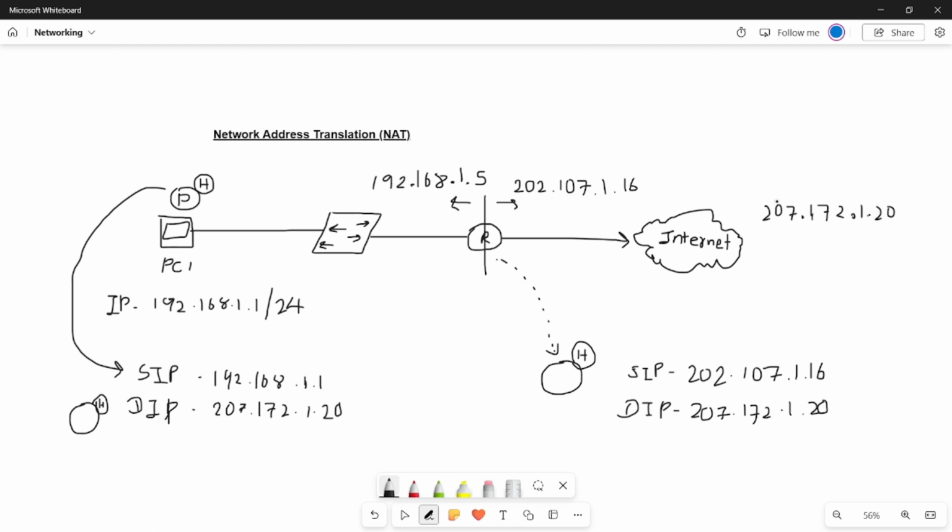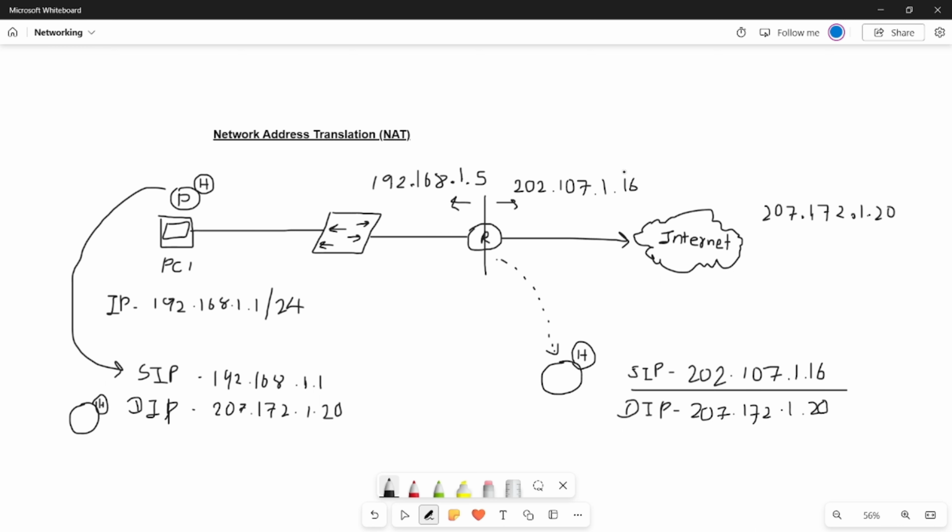Let's assume the data packet is transmitted directly from the router to the PC we want to send the message to. When the packet reaches our destination PC, it sees the source IP as that of the router. It cannot see the source IP as the PC1 IP.